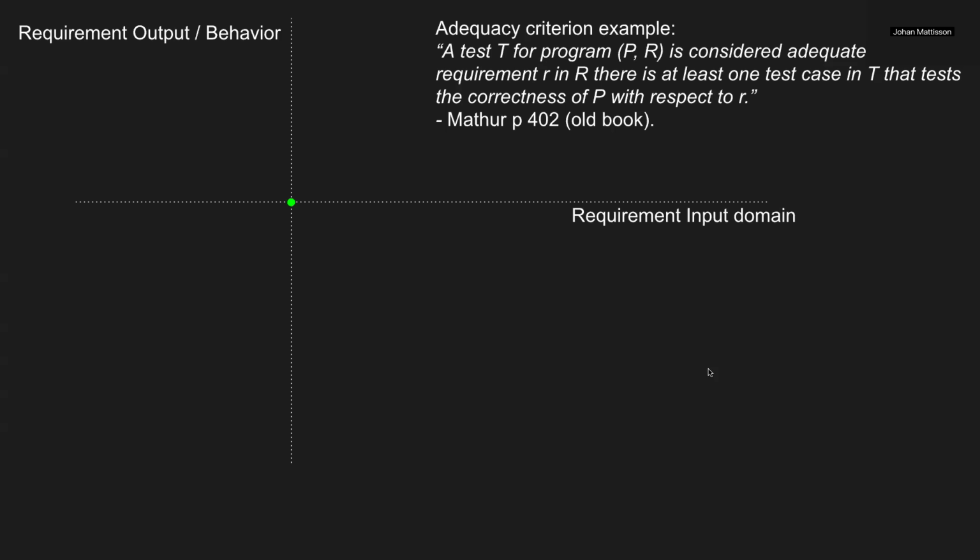So for example, here we have one test case. The green dot there is a test case, which holds for this. If we write, let's see, yeah, here we write another test case. It also works fine.